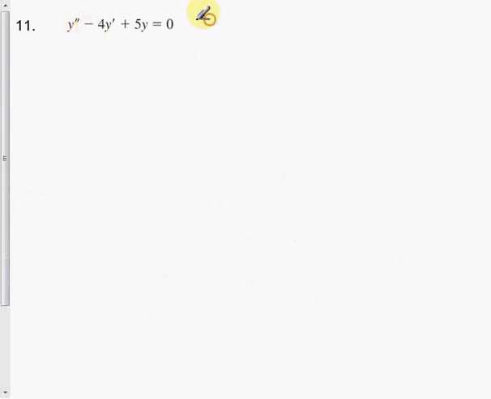Now, you know that we can go right to the auxiliary equation, which is m squared minus 4m plus 5 equal to 0.